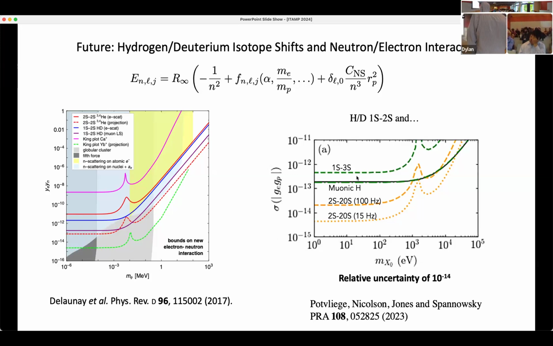And then the next thing, if we actually want to push to this sort of precision, at least for me, the challenge would be getting a frequency reference nearby, where you could make these relative uncertainties of 10 to the minus 14 accurately. So far, we've been using GPS as a reference.